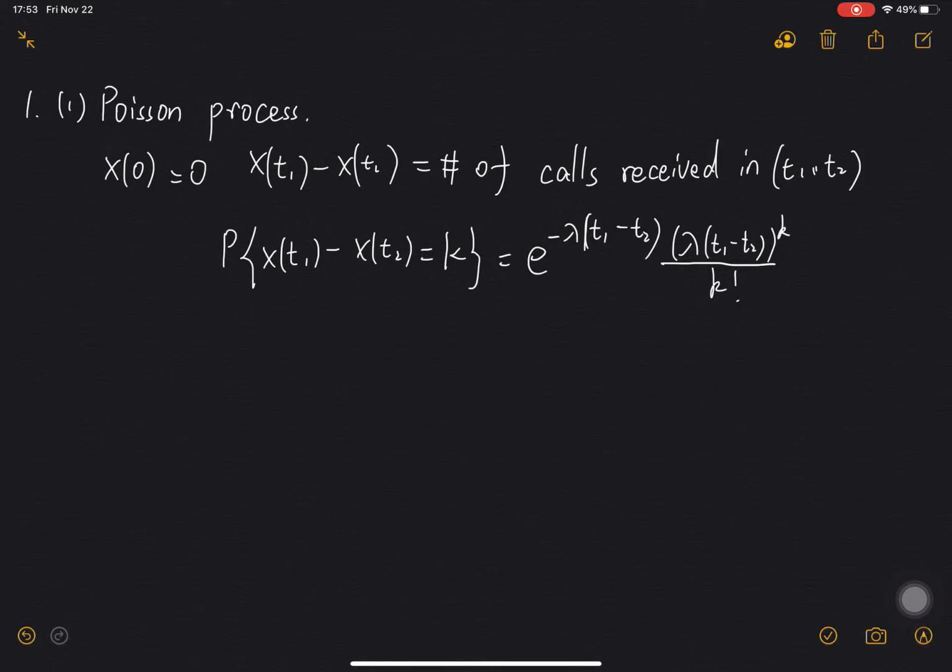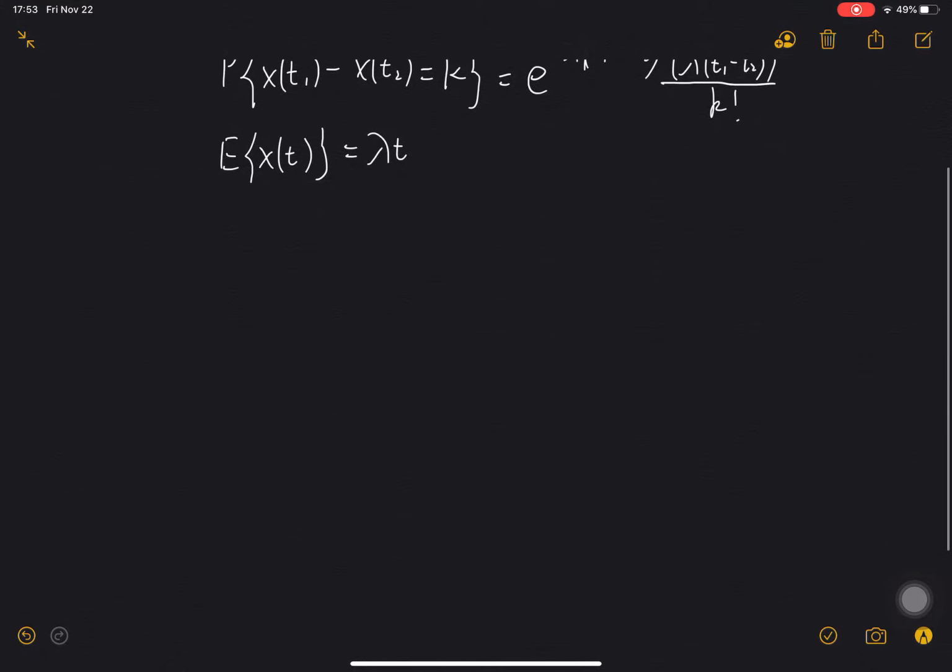There are some properties. The expectation of X(t) is lambda t, and the autocorrelation is lambda t2 plus lambda times the minimum of t1 and t2. Oh, this should be lambda t2 plus lambda minimum of t1 and t2.